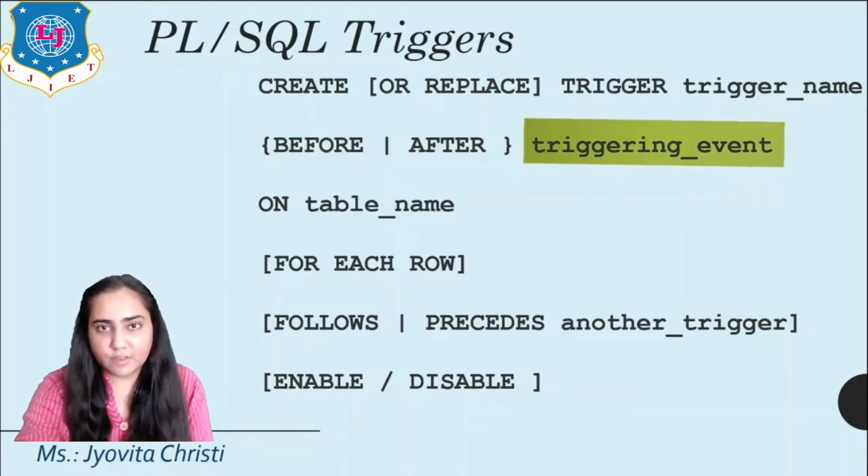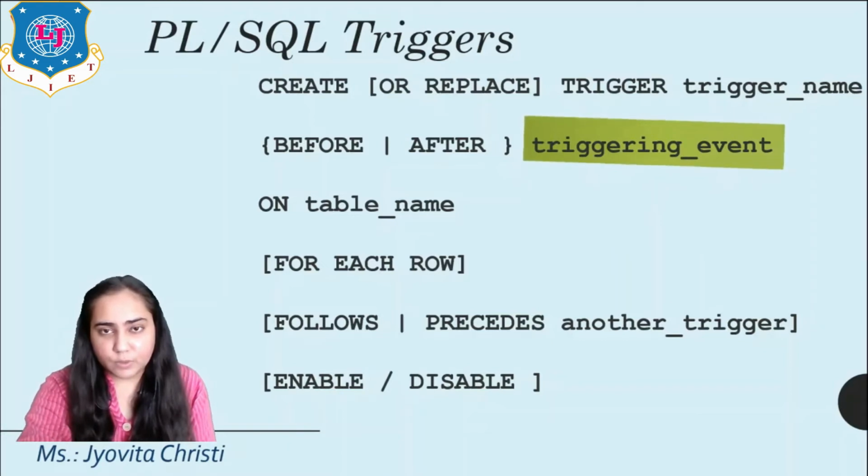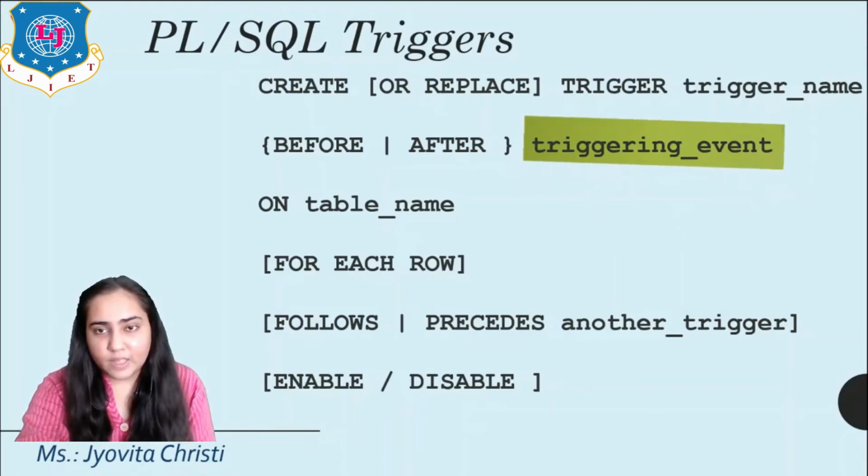This is the event which will cause the trigger to implement. For example, if somebody does an insert into some table and you want a triggering event to occur when this insertion takes place, then insert would be a triggering event. And so you can specify whether you want your trigger to happen before this event or after this event.